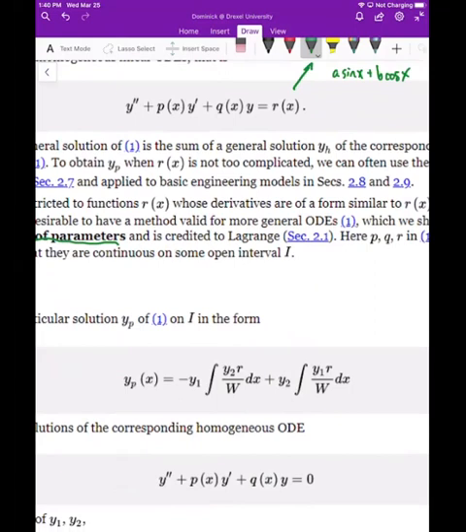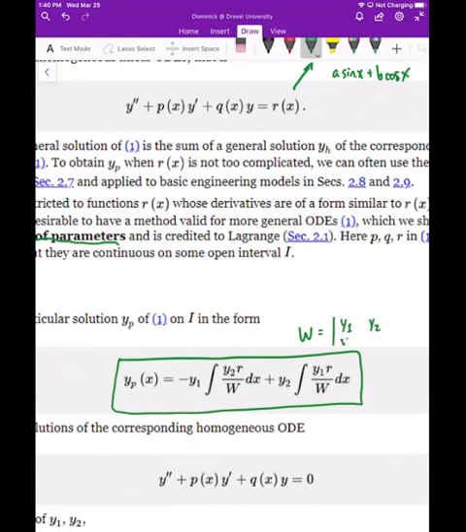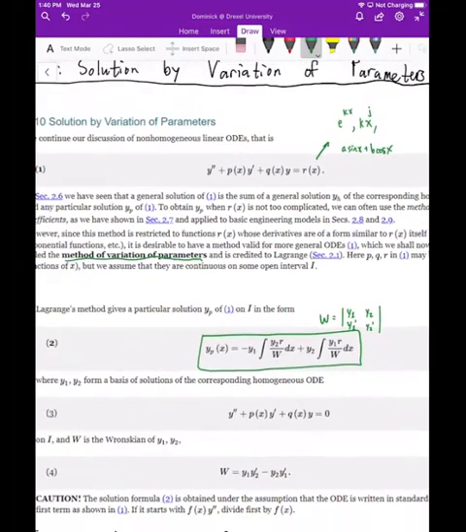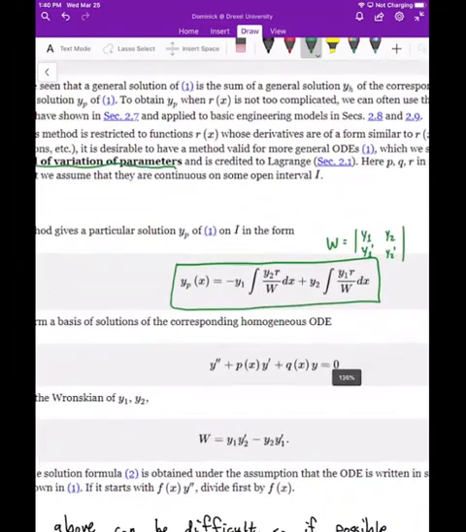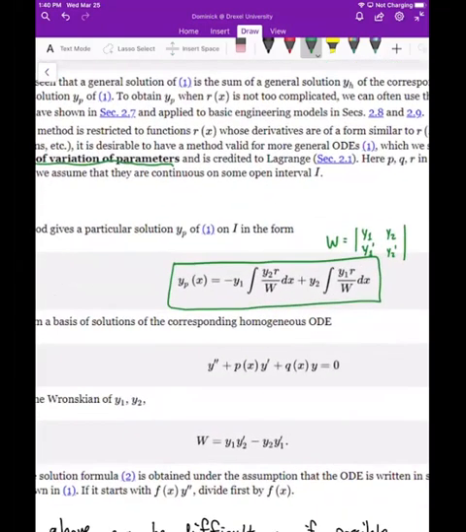So we're going to do an example, but it's important to note here that you can get a particular solution of this form here. And of course, W is the Wronskian here, right? So it's the determinant of this 2x2 matrix, and of course, Y1 and Y2 will be formed by a basis of solutions for the homogeneous version.